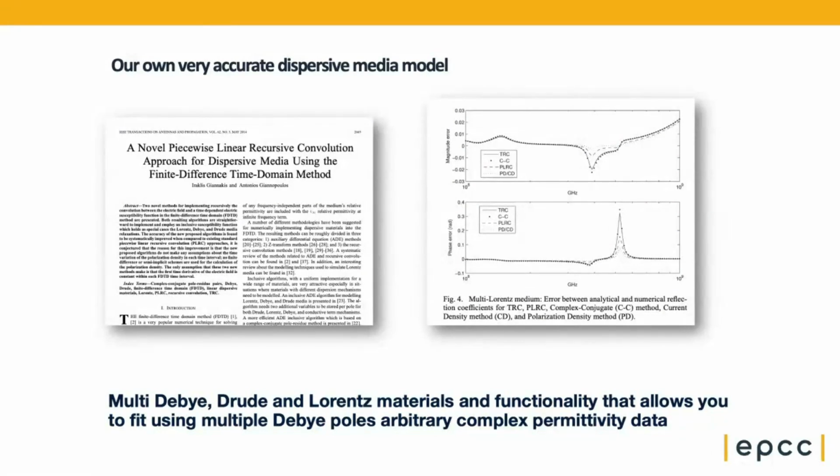Multiple Debye materials can be used to simulate pretty much any variation of frequency-domain permittivity and conductivity, which are the key electromagnetic parameters that you're interested in. As I say, if you want, you can get gprMax to model graphene or any complex things that you like.